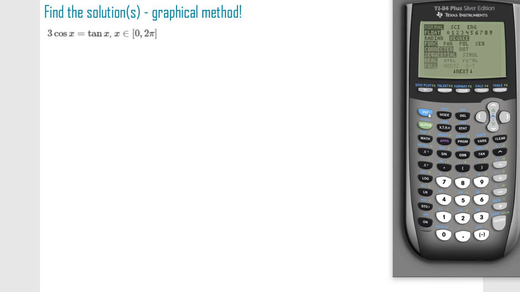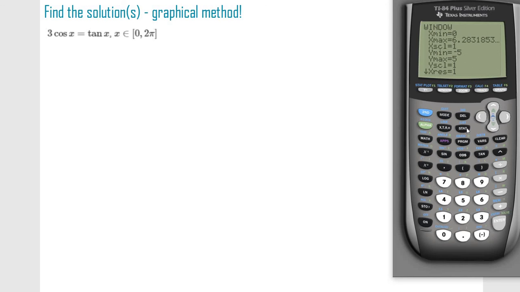Now, you want to make sure that you are in radians. Why is that? Because that is what they said, 0 to 2 pi. If we wanted it in degrees, they would say 360. So then I'm going to adjust the window, and my x needs to go from 0 to 2 pi. So where's my pi? Second caret.